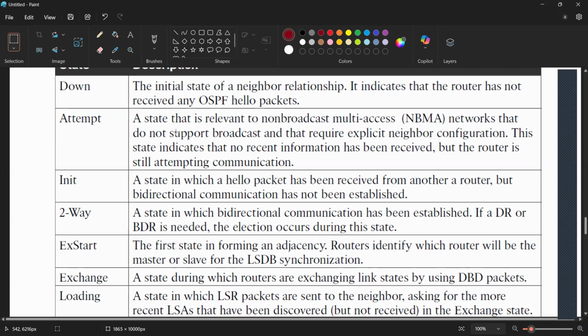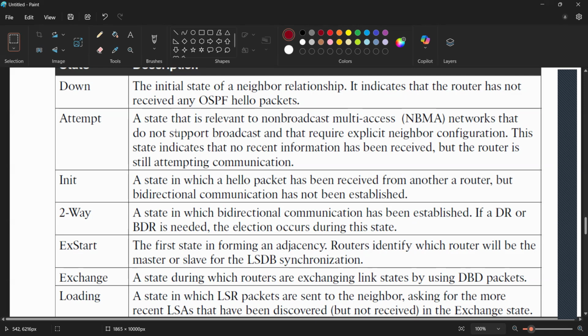R1 will have router ID of R1 only. They will have their own router ID only, not neighbor's ID. That is in the BGP. That is BGP neighborship criteria.